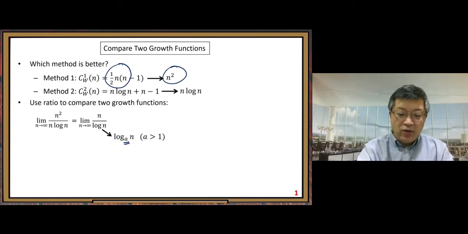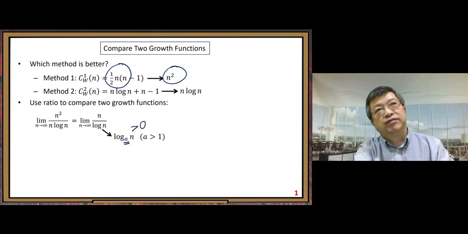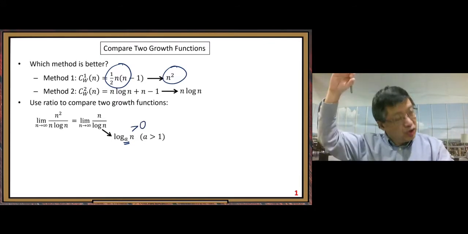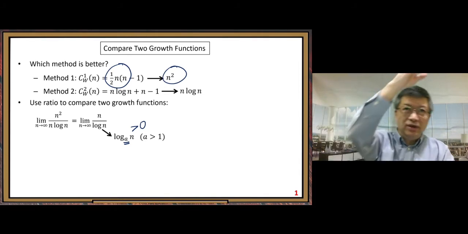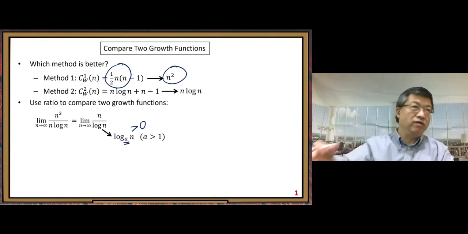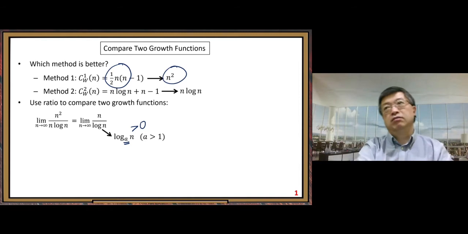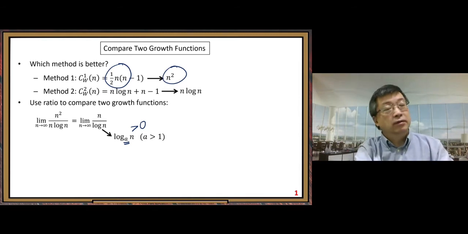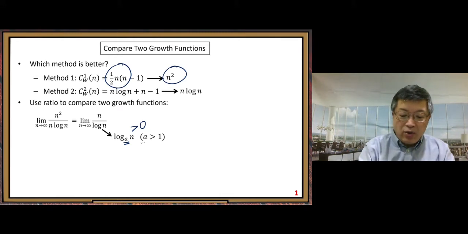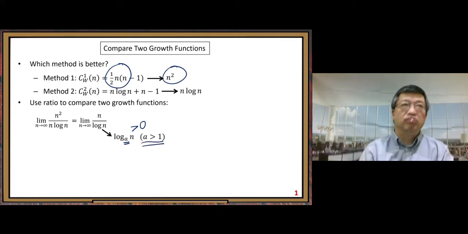The reason is that when a is greater than 1, this log function is positive. The growth function should be positive, so we don't want to look at a negative growth function, since that does not make sense. So this is our reasonable assumption.